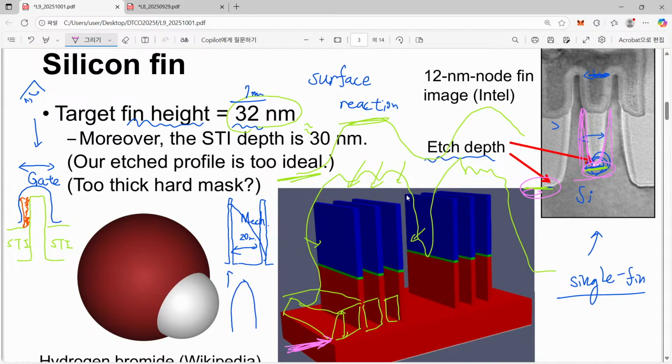First of all, if this is deep enough, then it becomes increasingly difficult to insert our chemical component that deep. So that's the reason why our etch rate becomes slower and slower, and that is one reason.